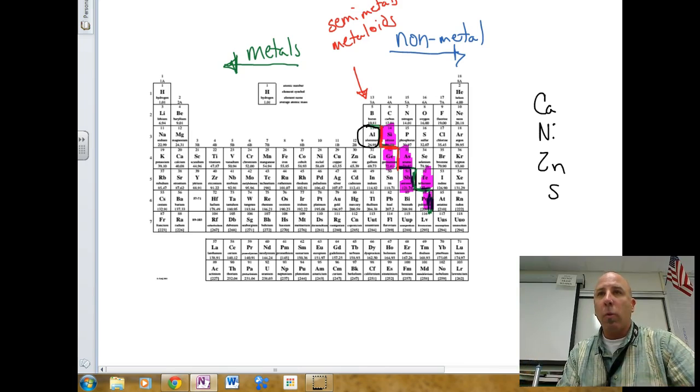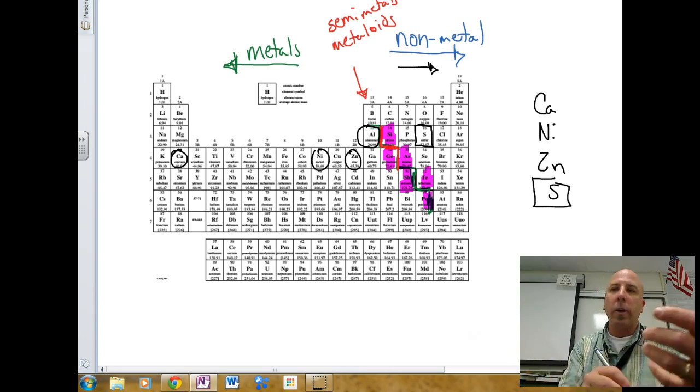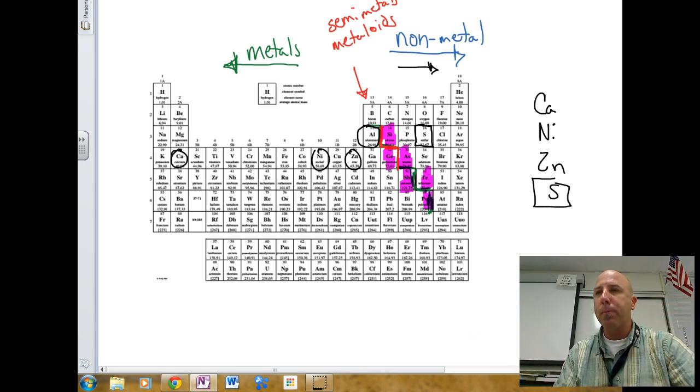You would just need to look to the right of the stair-step line, and there's only one element that is right at the stair-step line, and that would be sulfur. Sulfur is located right here, very much right at the stair-step line, where calcium is located over here, nickel here, and zinc here. They're all located to the left. They're all metals.